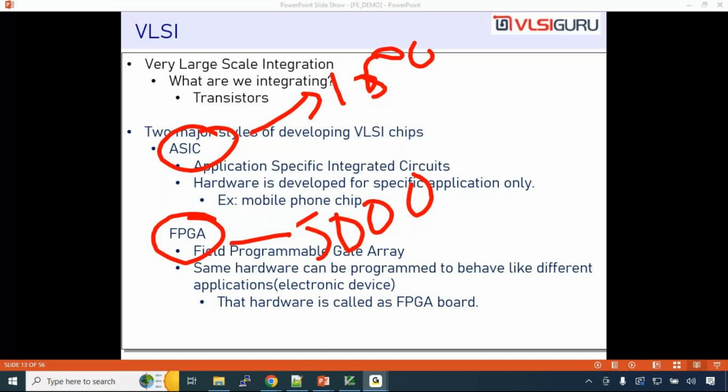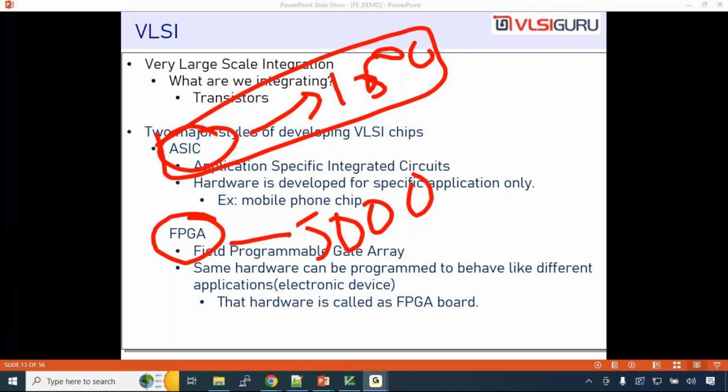See, once my chip went into a laptop, will I take it out and use it like a mobile phone? No, right? Once it went into the laptop, it went. I won't remove it from the motherboard and use it for something else. But the way manufacturing technology works, ASIC production is cheaper.